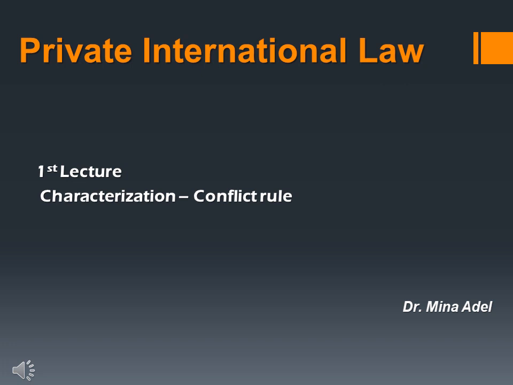So here we talk about the conflict of laws, and we say that the Egyptian law will rule to determine the nature of the legal relationship. So here we talk about the primary characterization.